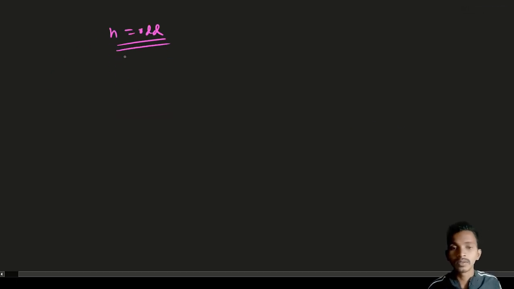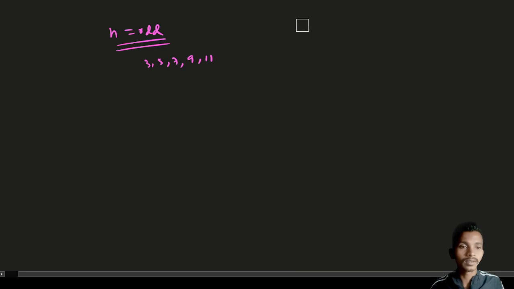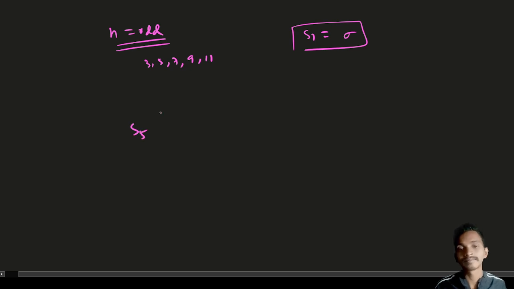Now n equal to odd means we will talk about 3, 5, 7, 9, 11 like that, because S1 is going to give sigma. So we will not talk about S1. Okay, so let's talk about S5.